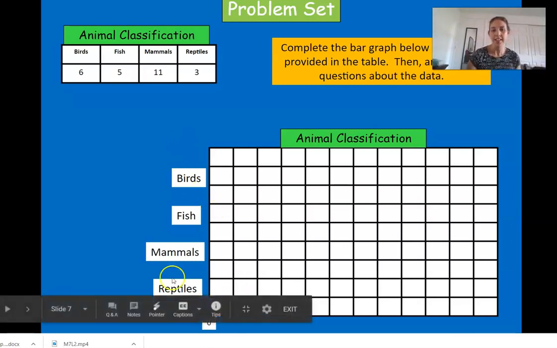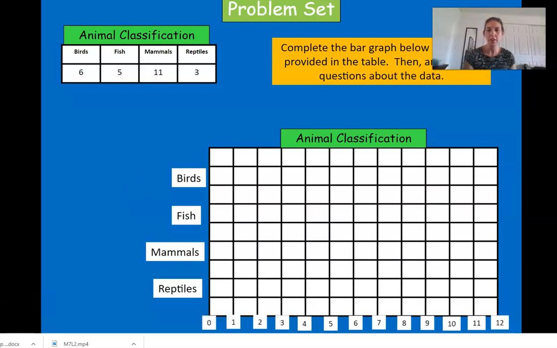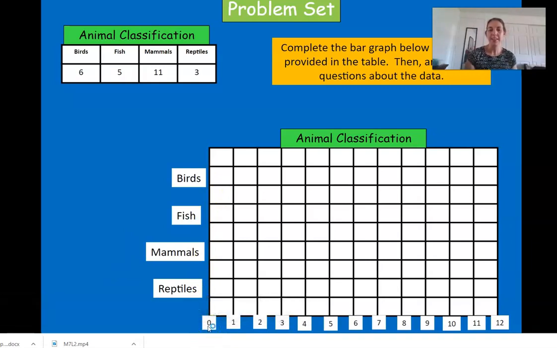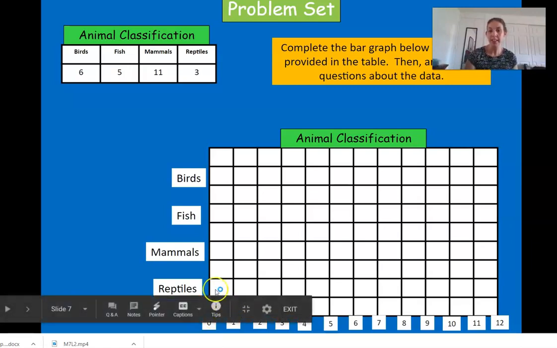And now we need our scale at the bottom. Notice they go right in order all the way. And the first one is on the very first line, and that's 0. Because basically, if you don't color any in, then you have 0.